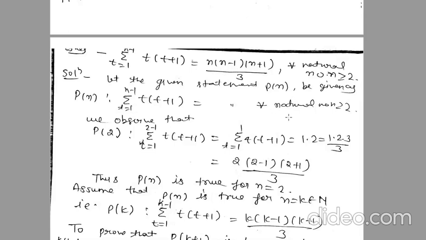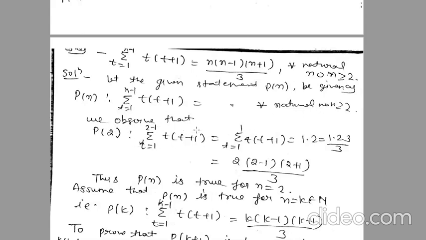So let the given statement Pn be given as summation t is equal to 1 to n minus 1 of t into t plus 1 is equal to n minus 1 into n into n plus 1 upon 3, for all natural numbers n greater than or equal to 2.